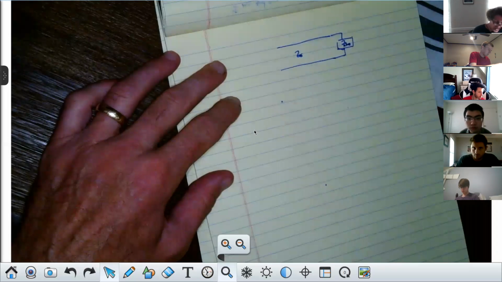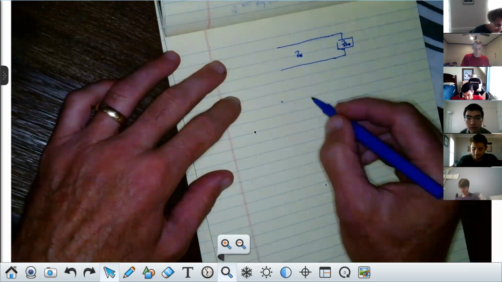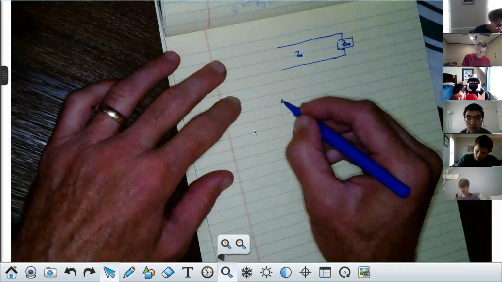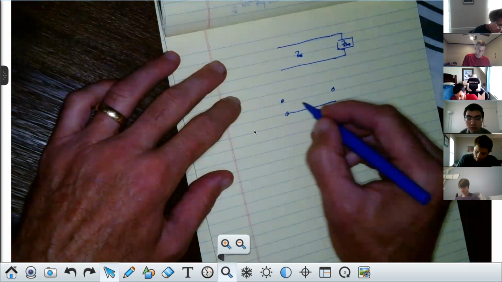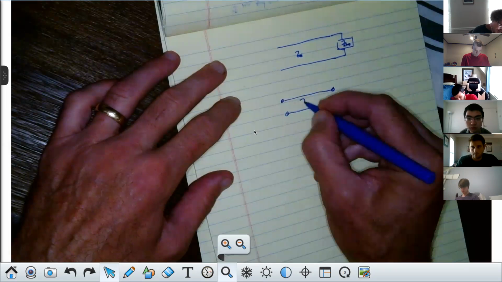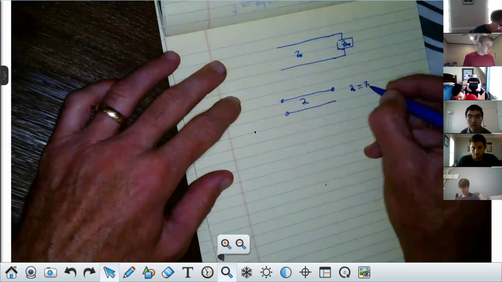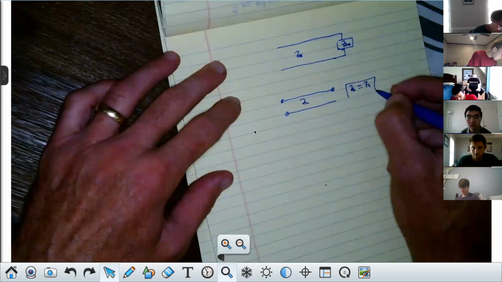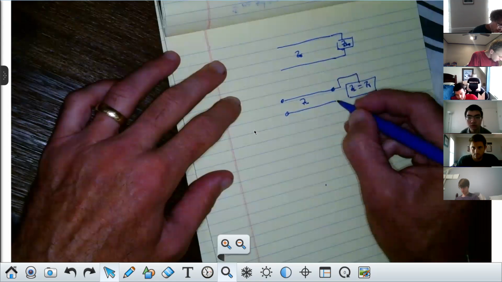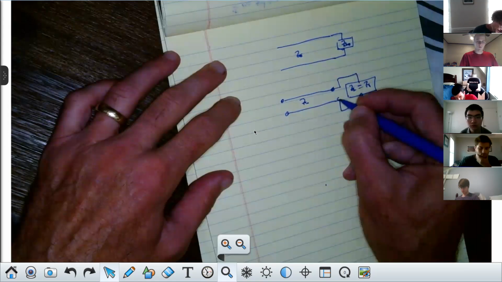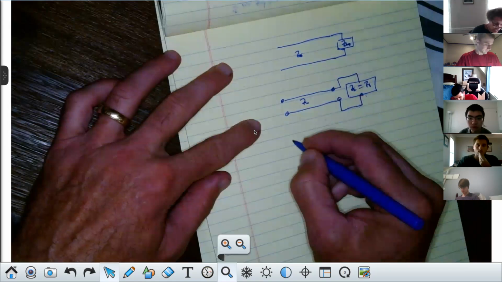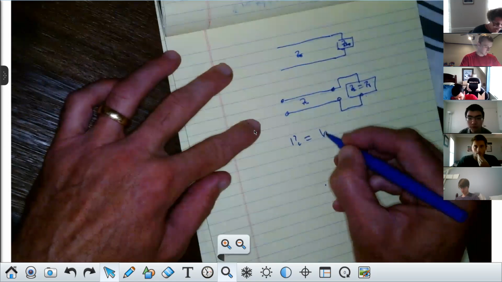Now, follow me on this. You know that if I have a transmission line with characteristic impedance Z naught, if my load impedance is Z naught, then what's the reflection coefficient at the load, which is V0 minus over V0 plus?